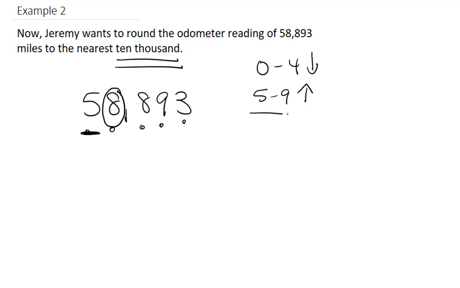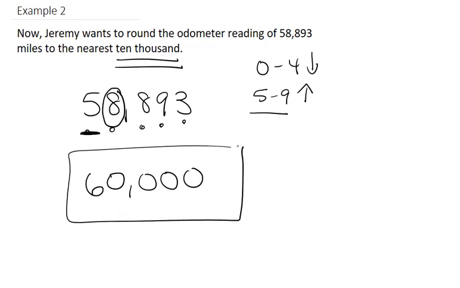Now 8 falls into this category, so that means we're going to round up. So that means that this 5 is now going to be rounded up. So we go from 5, we round up to the 6, and then anything after what we rounded becomes zeros. So this is our final answer.